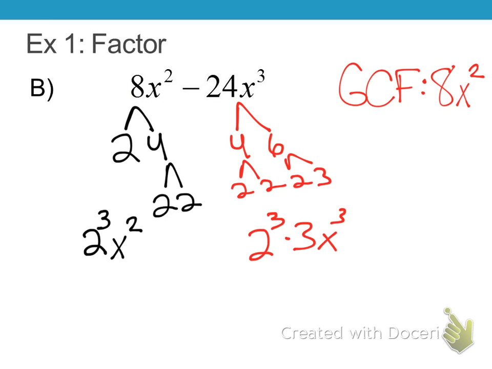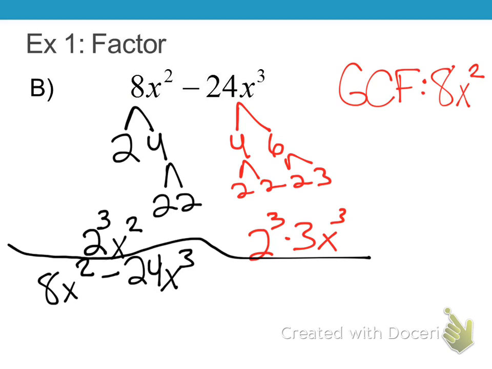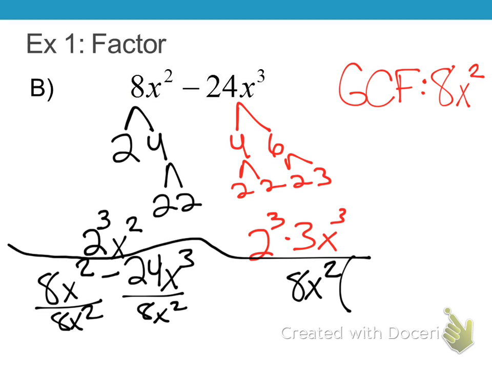Now, I'm going to go back and divide each of those terms by that GCF. And for my answer, I'm going to start with the GCF. So start with what you're dividing everything by. And then in parentheses, write what you have left over.